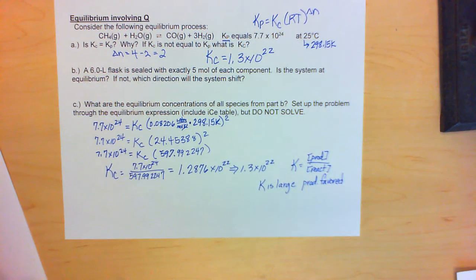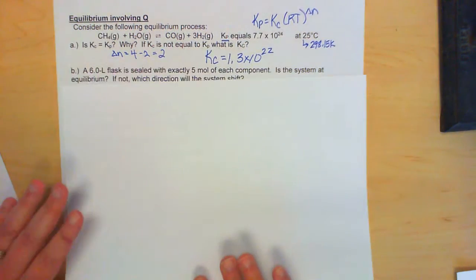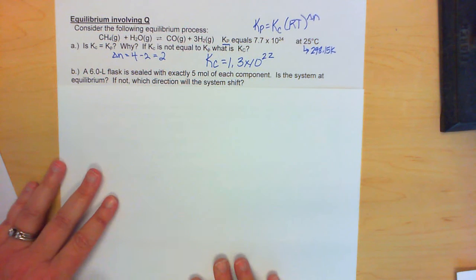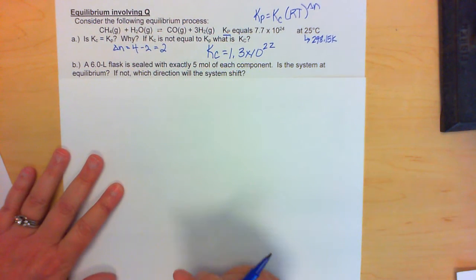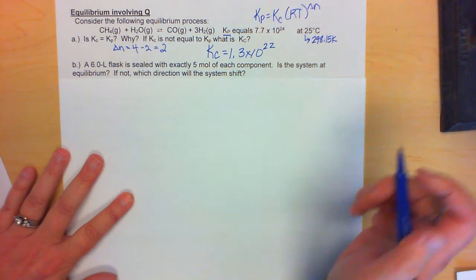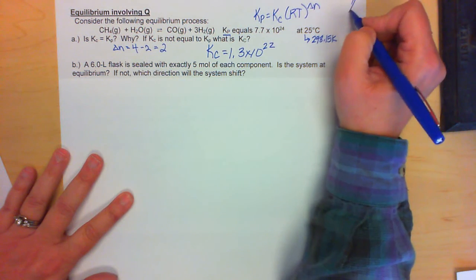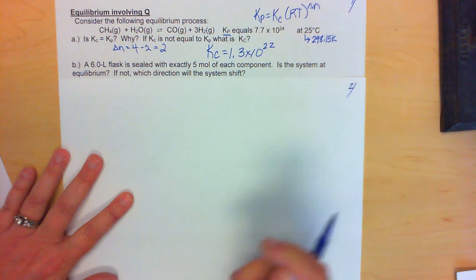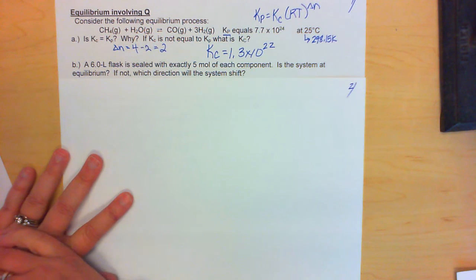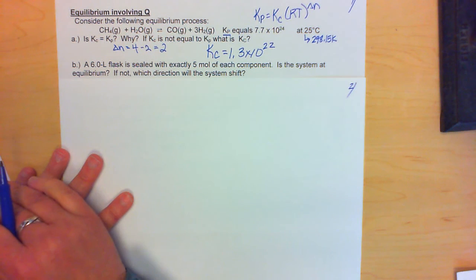Now, we're going to start a second page here so that I can write again where we were before. So this is 1, this will be 2, we may need to go to 3. So in B, a 6-liter flask is sealed with exactly 5 moles of each component. Is the system at equilibrium? Well, I don't know.